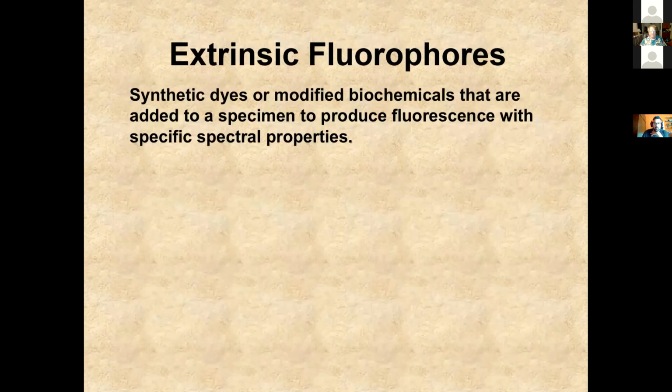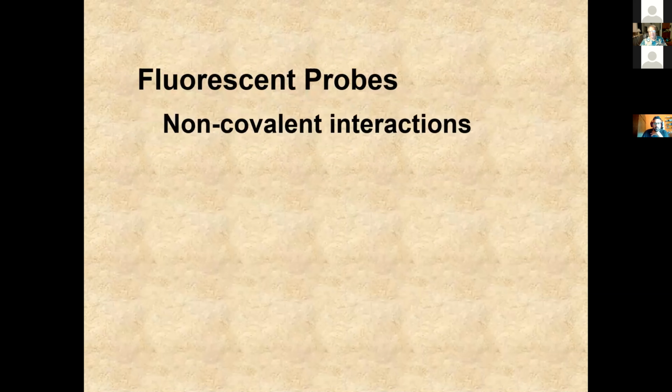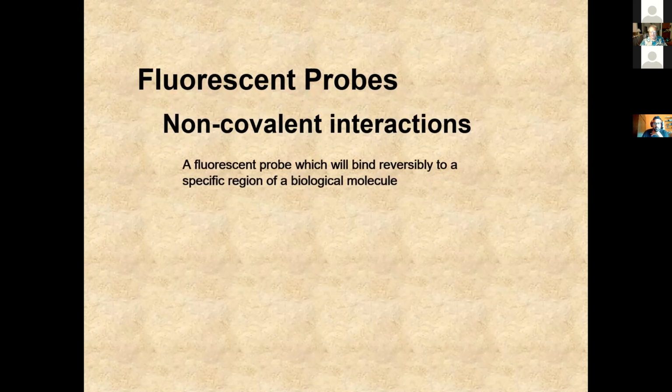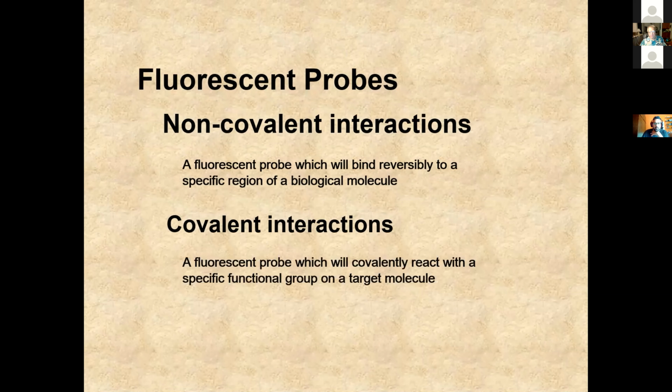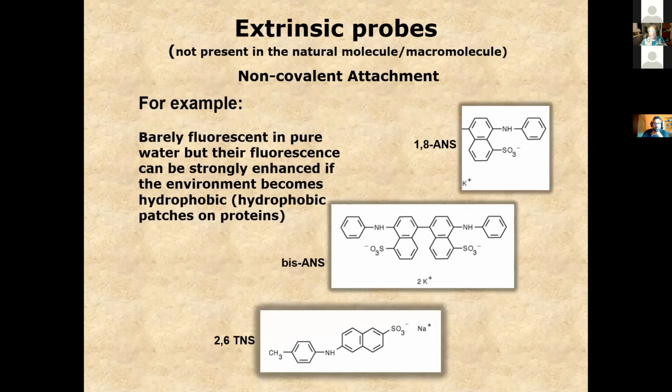Now, extrinsic fluorophores, again, as I said, are dyes you add to the specimen to introduce fluorescence. You can have non-covalent interactions that will bind, thermodynamically and reversibly, to a specific region, like an antigen-antibody interaction, or a covalent interaction, where you can react covalently with a specific functional group.